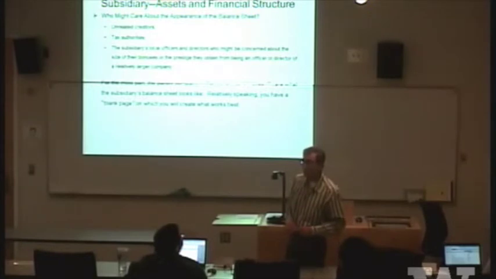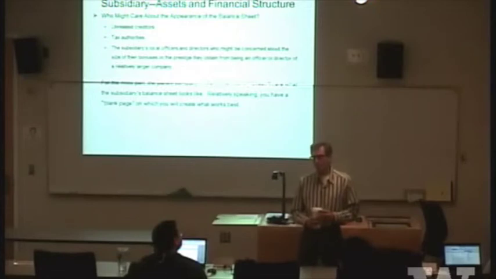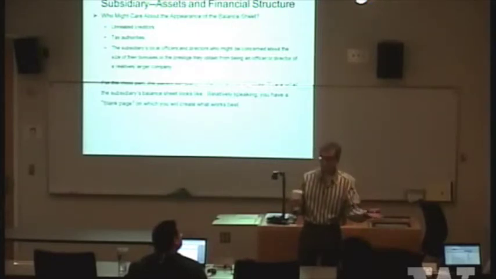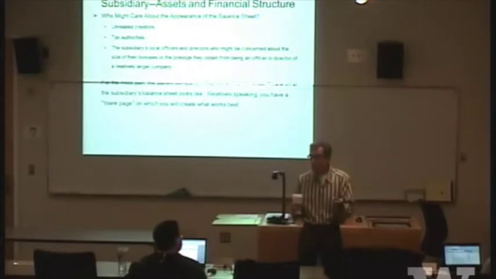Why do local tax authorities care? Yeah, because if the tax rate is uniform on all the taxable income, then why do they care? I'm not sure there's a real good answer to your question. I think it's just the environment we're in: the tax authorities or the local regulatory authorities, for permits, business permits or whatever, deal with the legal person or the human being who is conducting activities.